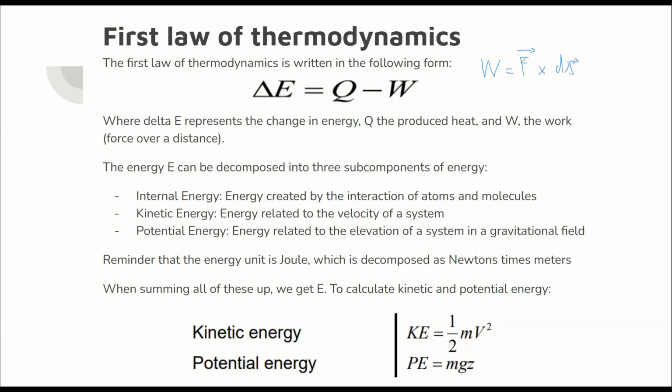Force is in newtons, and distance is in meters, so hence you get newtons times meters. And that's a single joule. So if you're at kilonewtons times meters, that's going to be kilojoules, and so on and so forth.